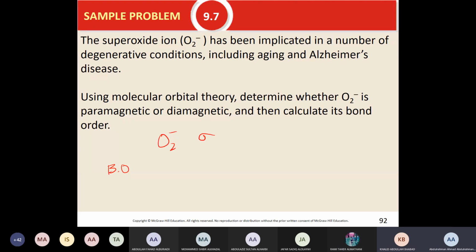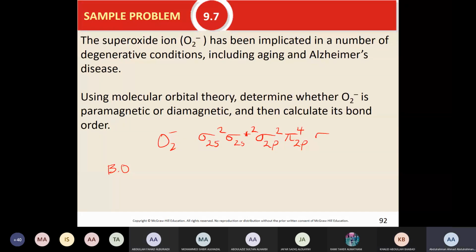Sigma 2s, sigma star 2s, and then sigma 2p, pi 2p, and then pi star.